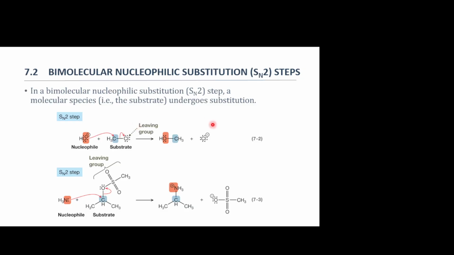Okay. So, let's put it all together. Everybody ready? We have our SN2, right? You have a nucleophile. It attacks the electrophile. A leaving group leaves with that electron density. Everybody okay with that so far?